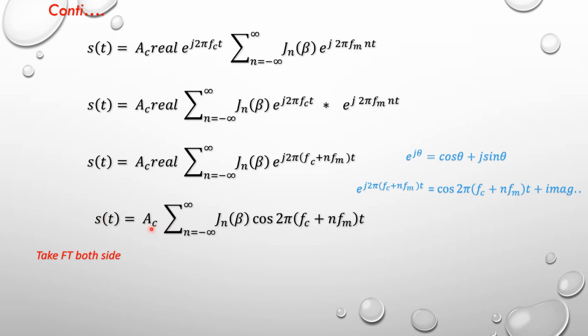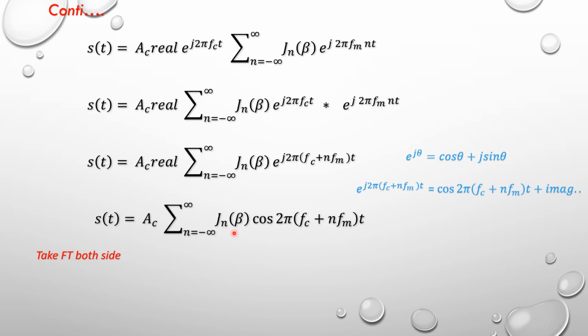We have to convert the time domain equation into the frequency domain, so take the Fourier transform on both sides. Here the last term is in the form of a cosine function. We know that cos 2 pi f naught t is equal to 1 by 2 of delta of f minus f naught plus delta of f plus f naught.